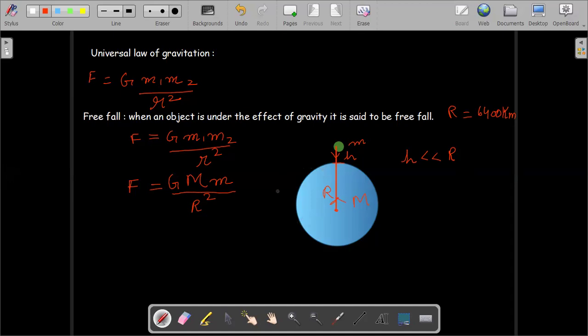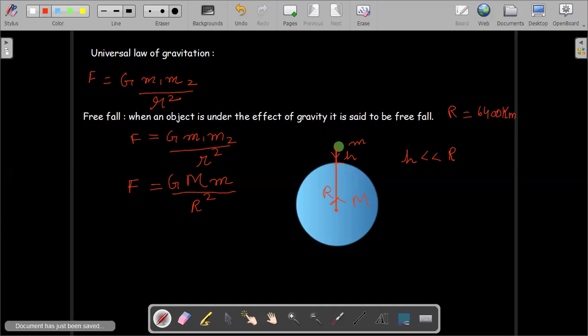Both the forces are equal and opposite. The force with which the earth is attracting that mass is the same force with which the mass is also attracting the earth.